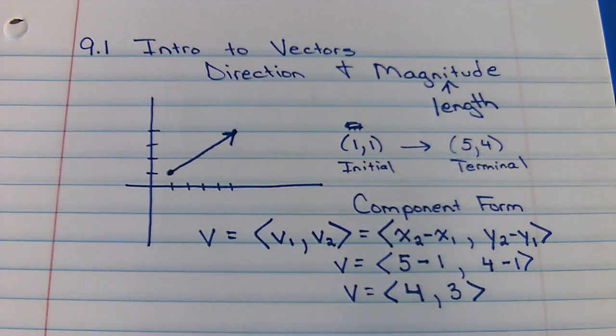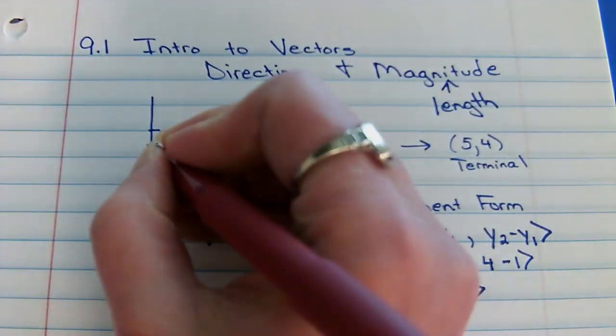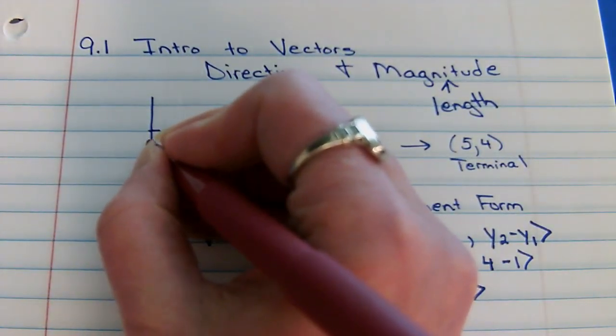Now to be equivalent, I would have to have another vector that is in the same direction and has the same magnitude. But equivalent does not mean that they're exactly the same. So what if I started a vector with an initial value here?